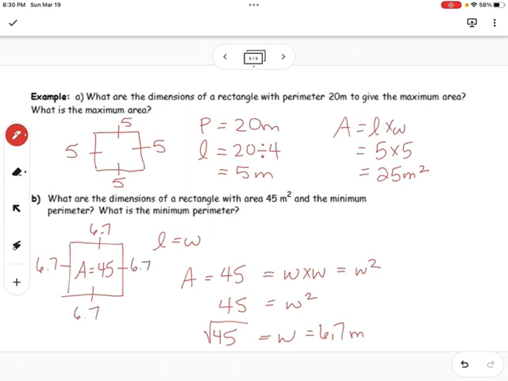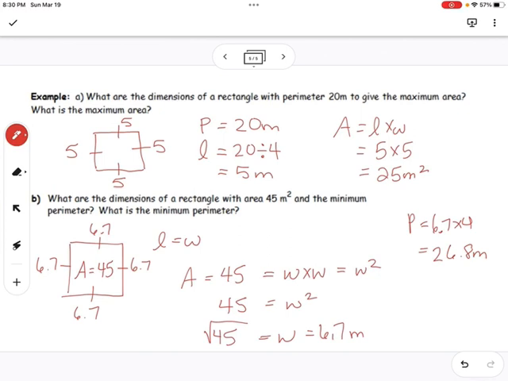And finally, it's asking us to find the perimeter. So our perimeter, we have all 4 sides the same, so we can do 6.7 times 4. And that's giving us 26.8 meters as our perimeter.